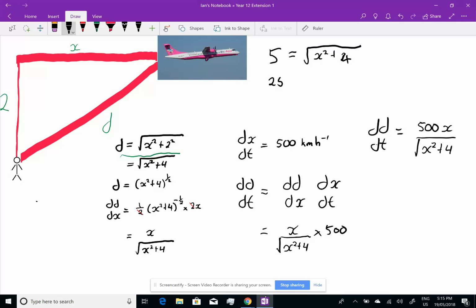Square both sides: 25 equals x squared plus 4, minus the 4, 21 equals x squared, root 21 equals x. And now I'll just put that in.